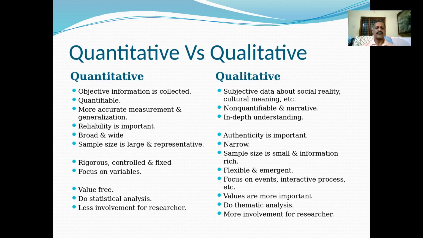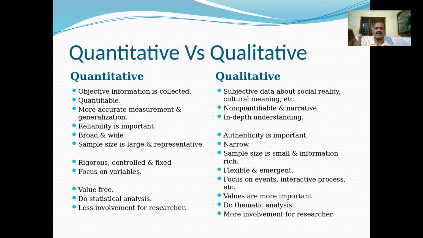Quantitative, the objective information is collected, where the quantitative approach always looks at objectivity. That is an important factor. We will either measure something or observe something, and we record the data as such. Subjectivity will not play at all.